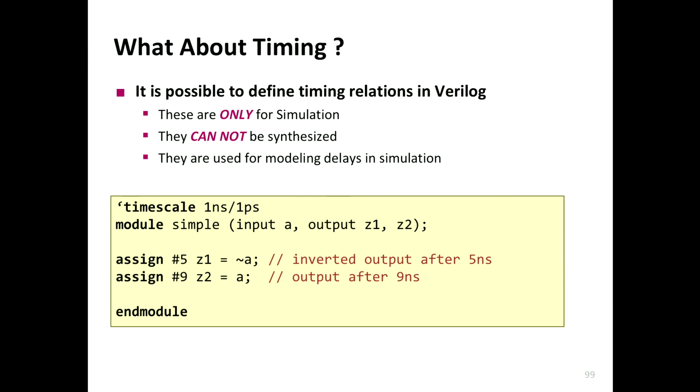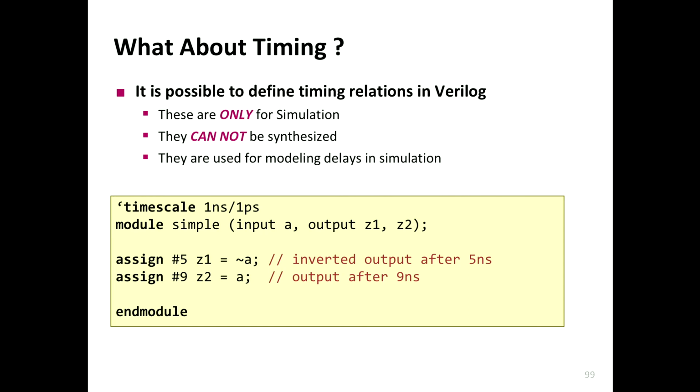So after A is changing, it's going to take 5 nanoseconds for Z1 to be the actual inverted output. And this is not going to be used by the synthesizer. It's only for simulation, to test how fast your circuit can run.